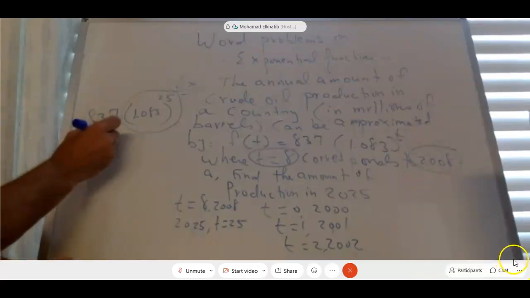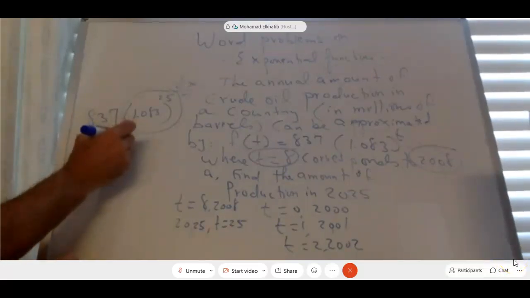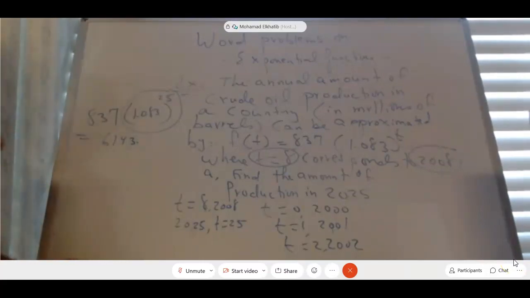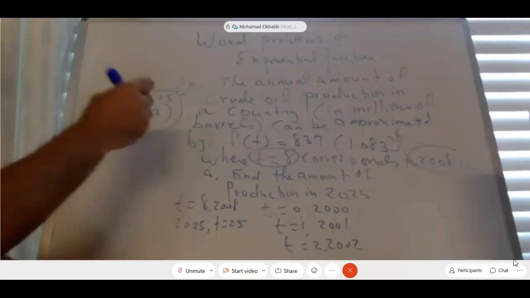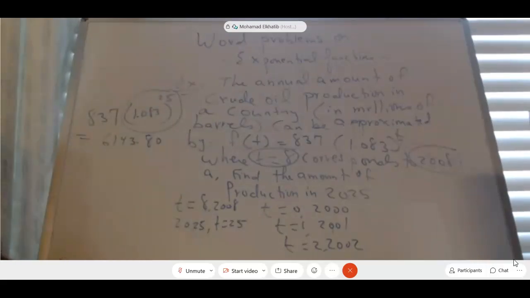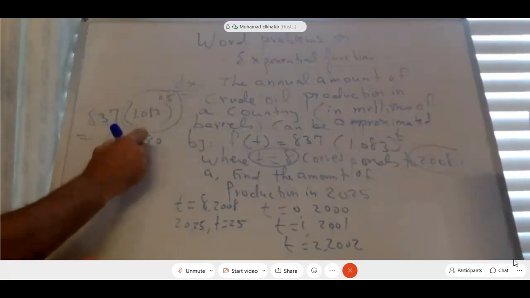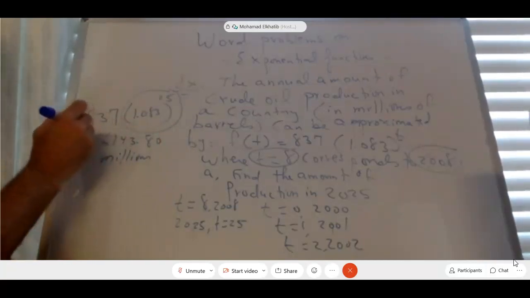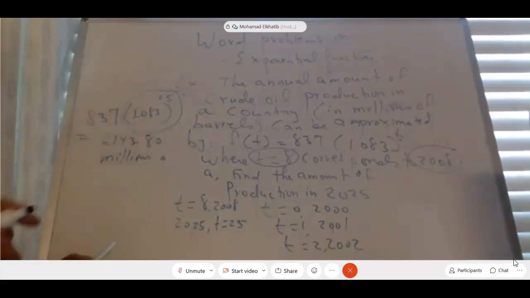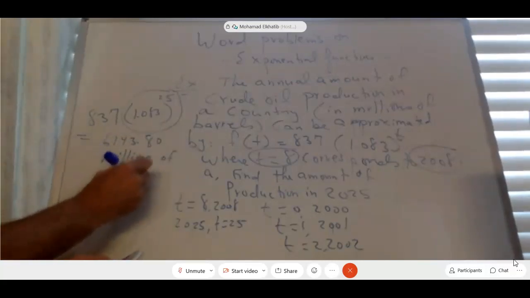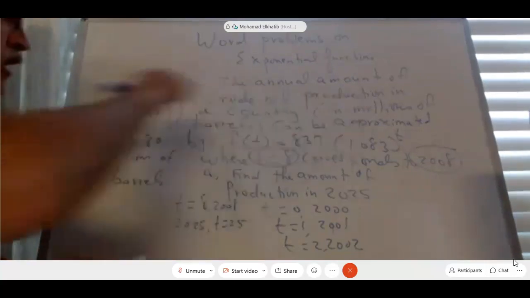And I got 6143 point, let's say 0.80. What is this going to be? Millions of barrels. Millions of what? Barrels. Why? Because they told you here it's millions of barrels.